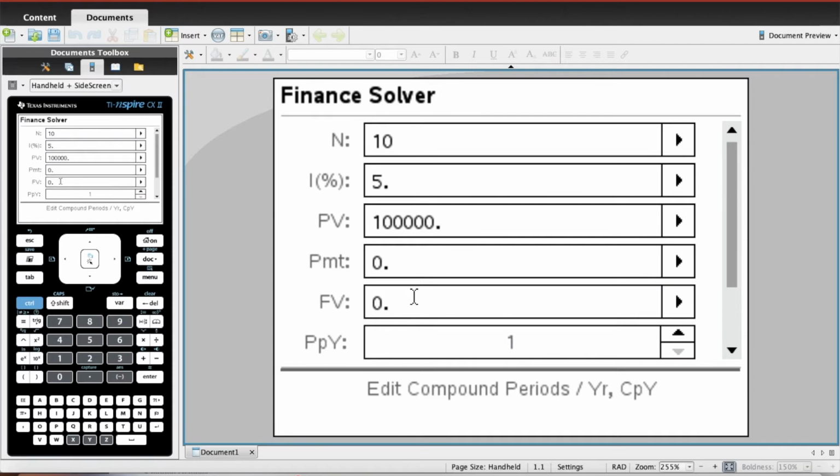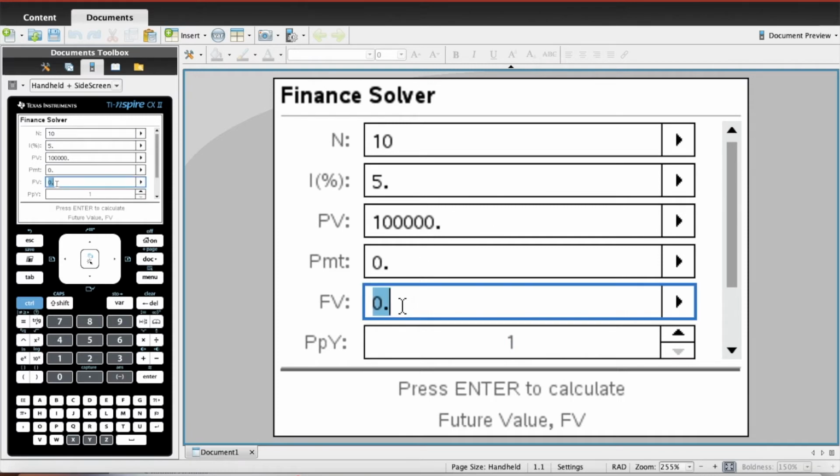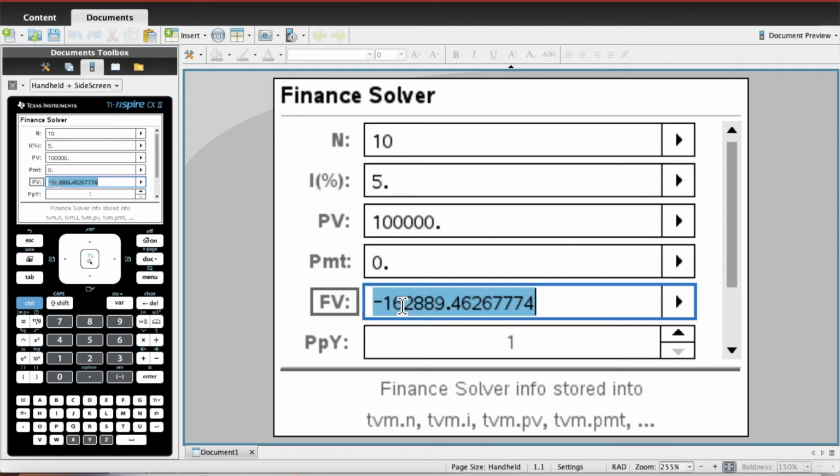Okay, so what we want is we want to know the future value. So we go to that, and notice that it says push enter to calculate. So I go there, and I push enter, bloop, right there. So it's negative because I'm looking at this from the company's perspective, right? It gained $100,000 when it sold the bonds, okay?